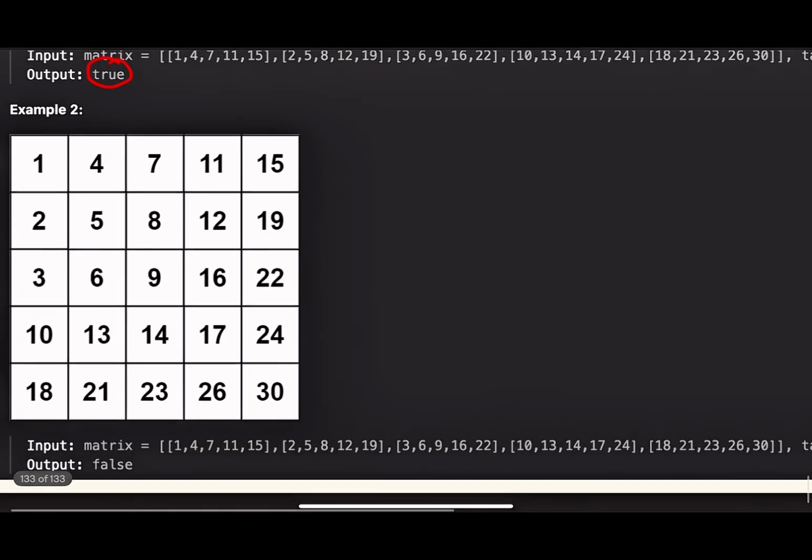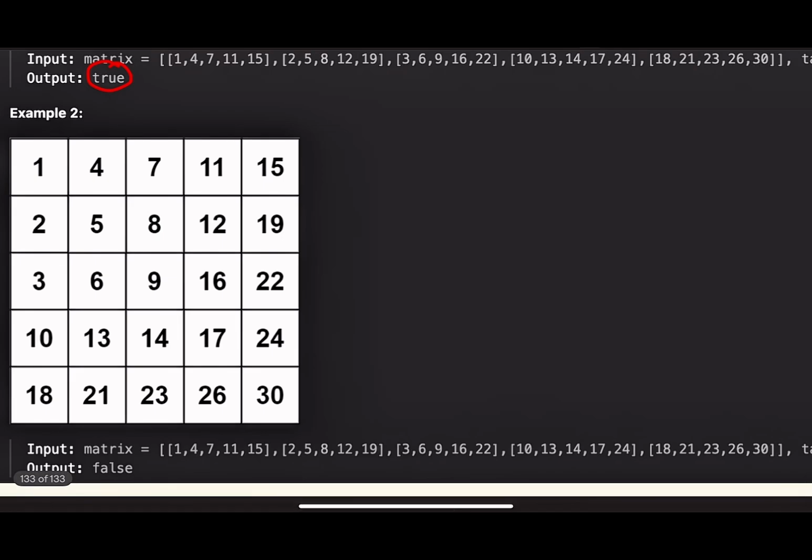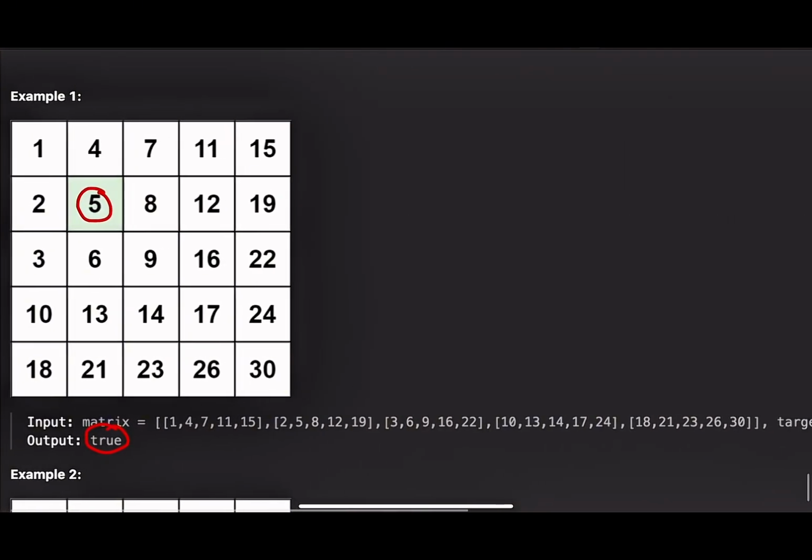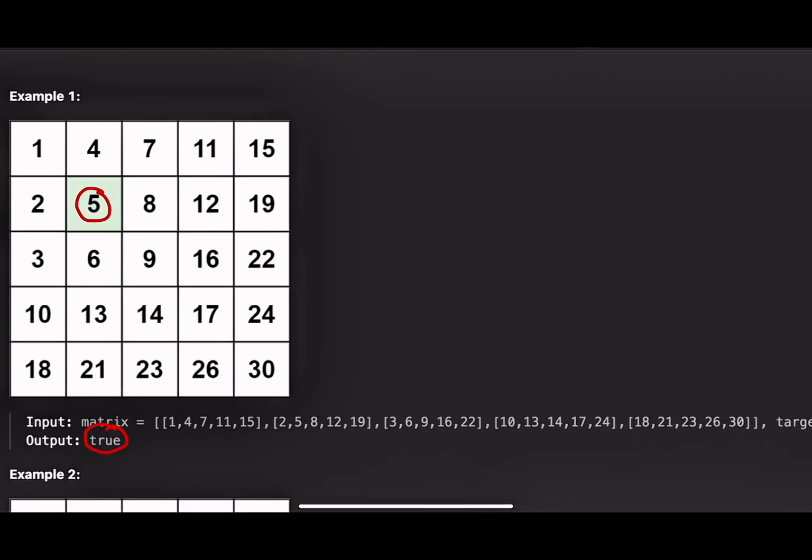And in the second example, they give the same matrix with a target value of 20. Target equals 20. And you can see that 20 is not contained in this matrix. So it's going to return false, obviously. When you have a look at this question, you'll say, oh, this one is very simple. You can actually use brute force to search for the value.